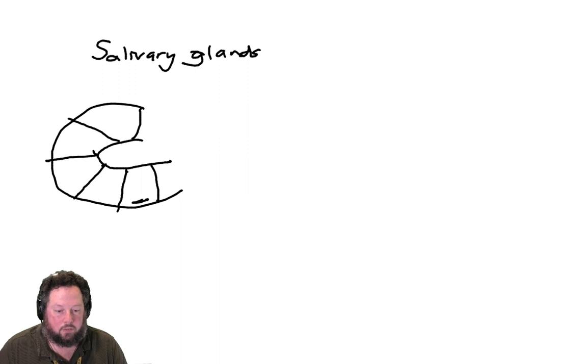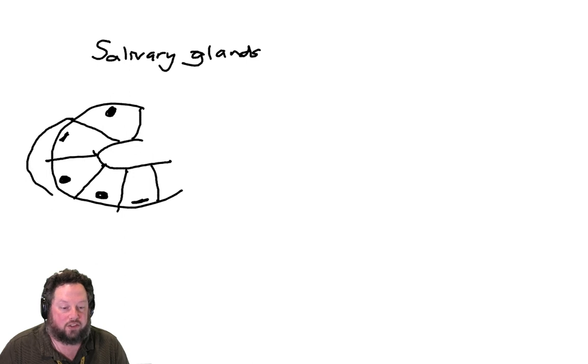Now, these can be either mucus secreting or they can be enzyme secreting, so serous or mucus. And sometimes they can be side by side, and then sometimes during processing, the serous components get pushed out onto the surface, and they can often form these structures called serous demilunes, like this.